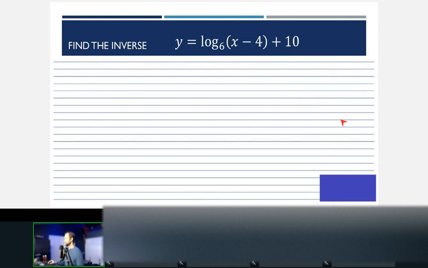All right, what is the answer to this one? Above. So y equals 6 to the x minus 10 power and then plus 4. That is correct. Nice job.